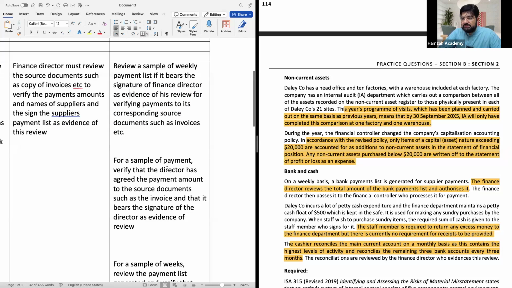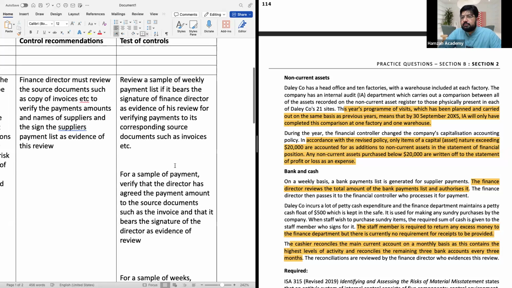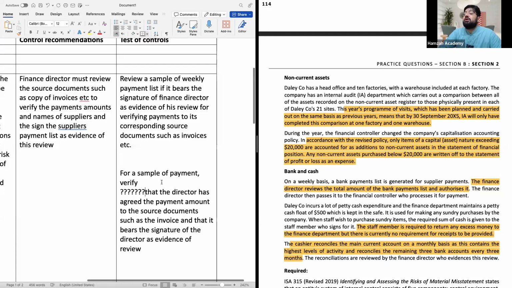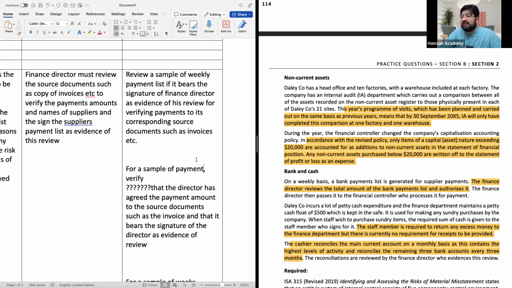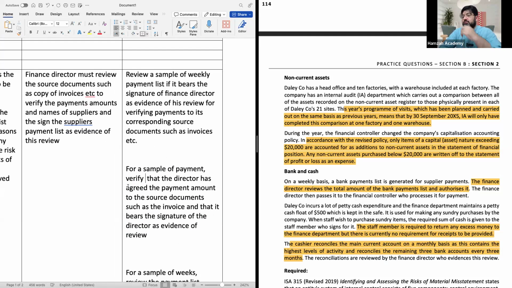For a sample of payments, verify the director has agreed the amount. How to verify? What is the source? I think you missed the payment list. It is incomplete. How to verify? What bears the signature?